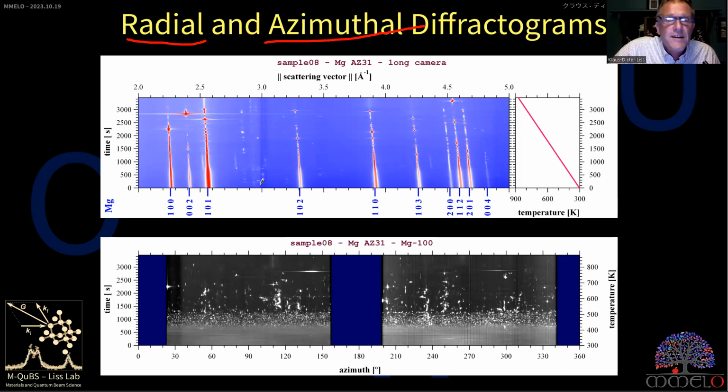If we go radial, then we have the normal powder diffraction patterns, similar as in the neutron case. So we have the same reflections here as in the neutron case, and we can see how they evolve. They shift again because temperature goes up here.